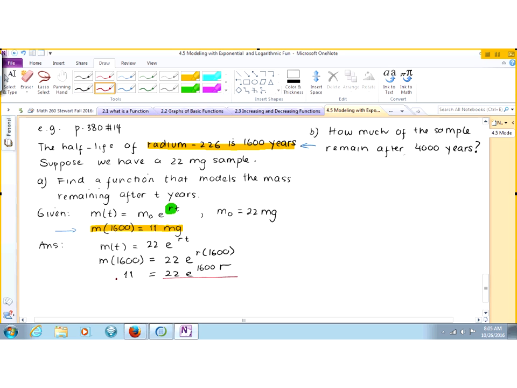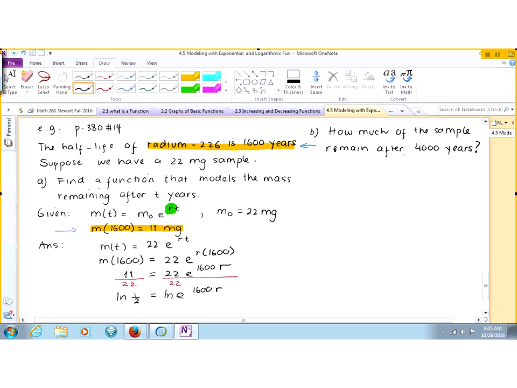Then what? How do you solve this? Isolate the exponent. So one half is equal to e to the 1600r. Then take ln of both sides. Yes.